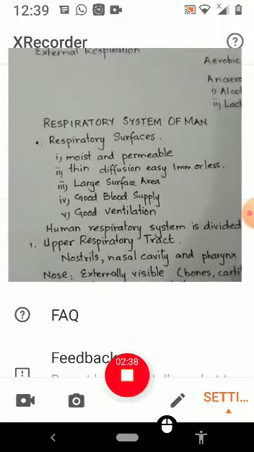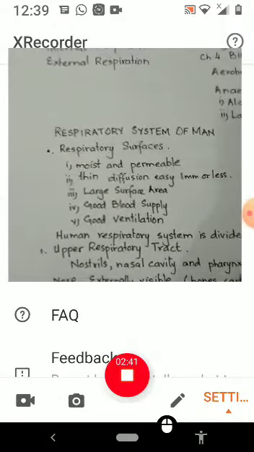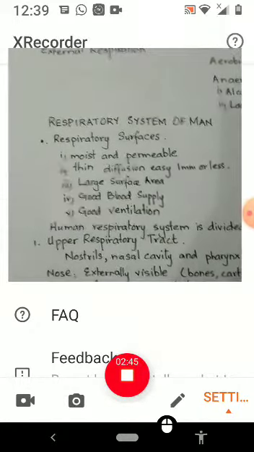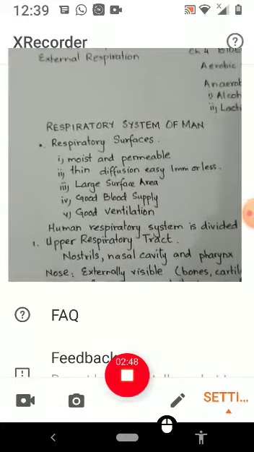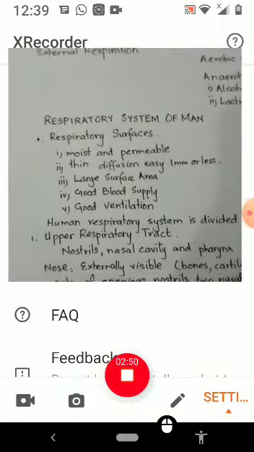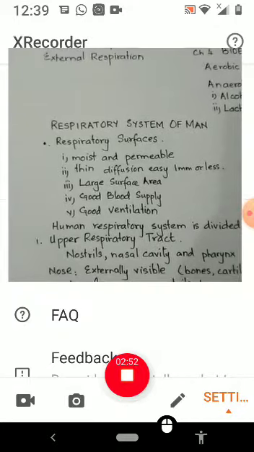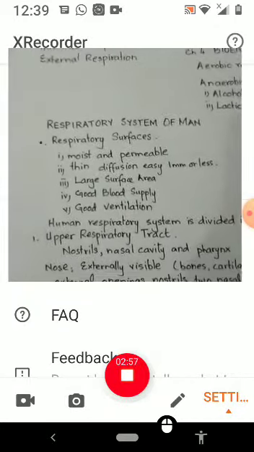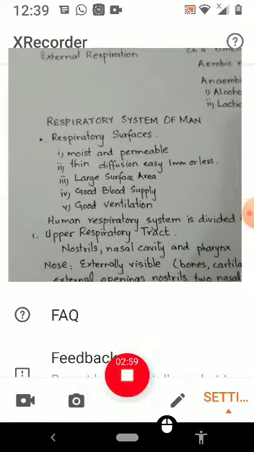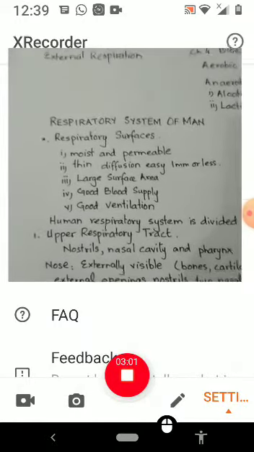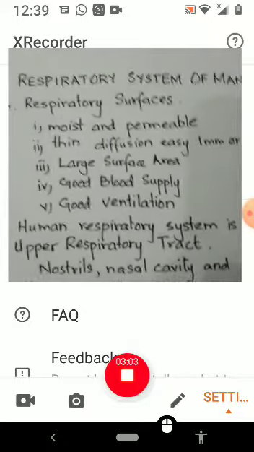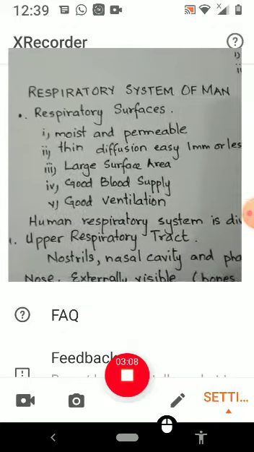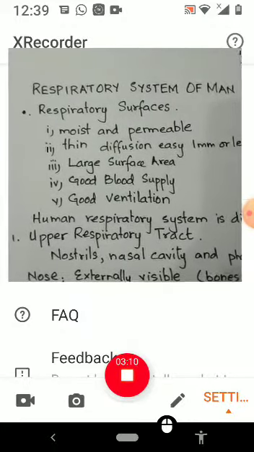Before we formally start our lecture, we should be aware of the respiratory surfaces and their properties. Because if we have a respiratory system but we do not have the proper respiratory surface, the whole system goes to waste. The respiratory surfaces must have some important qualities. They should be moist and permeable.